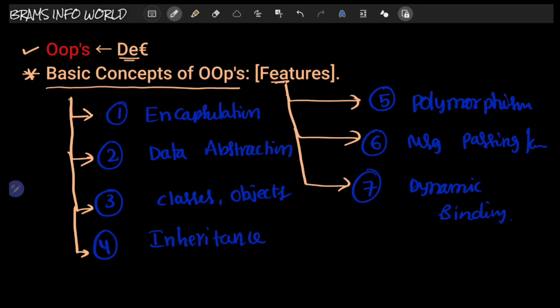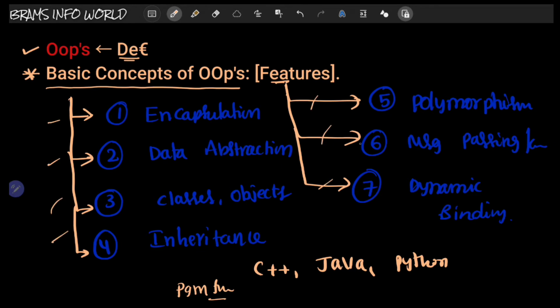So what are the features of OOPs? If you take any programming language like C++ or Java or Python or any other language related to OOPs, these concepts are common. That is the reason they are called programming fundamentals. OOPs are nothing but programming fundamentals. So let us talk about each concept in detail.